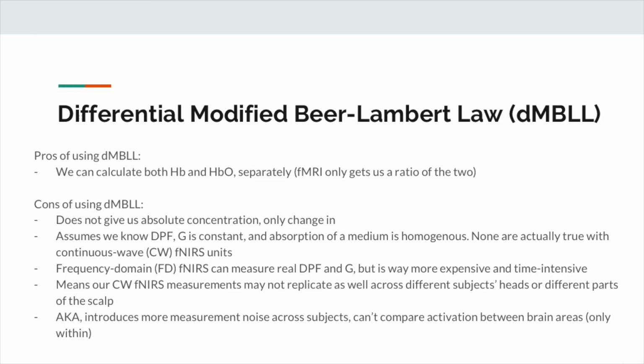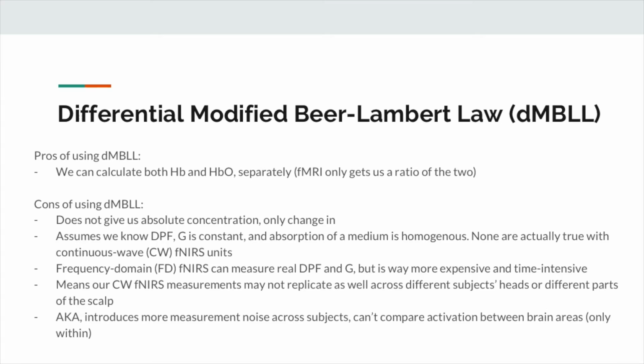It assumes we know what the differential path length factor is. It assumes that G is constant and that the absorption of light across a medium is homogeneous across that entire length. And none of these are actually true in a real world situation. That's kind of the toy model that we assume.